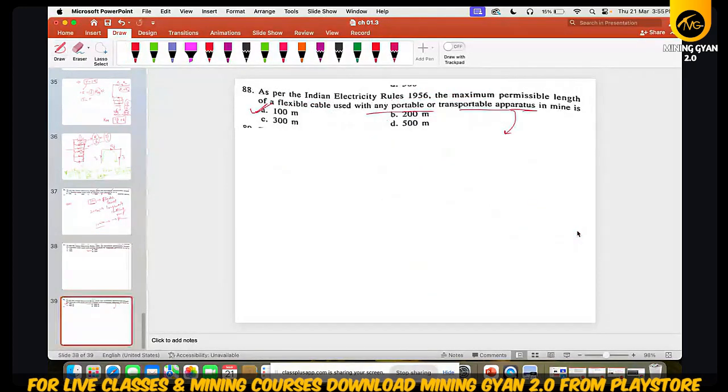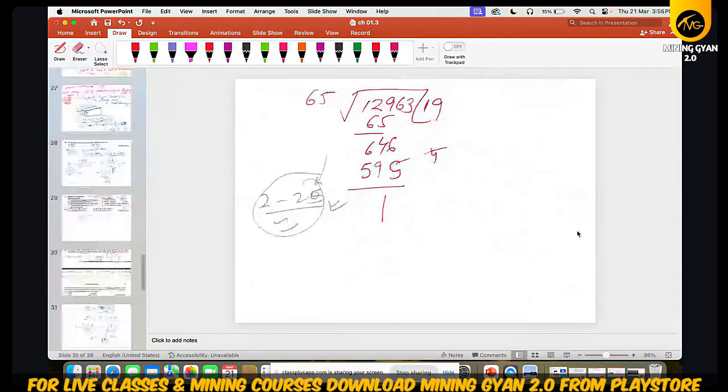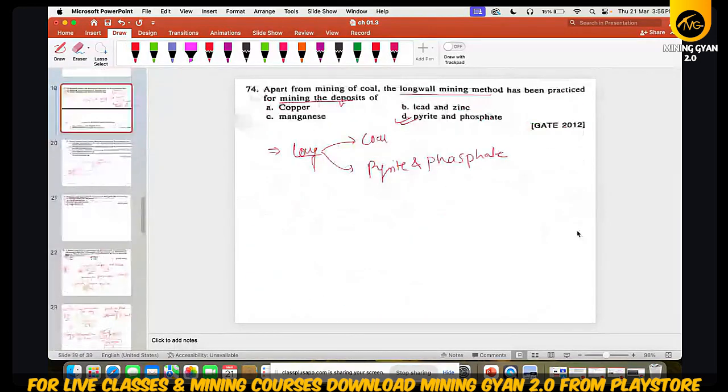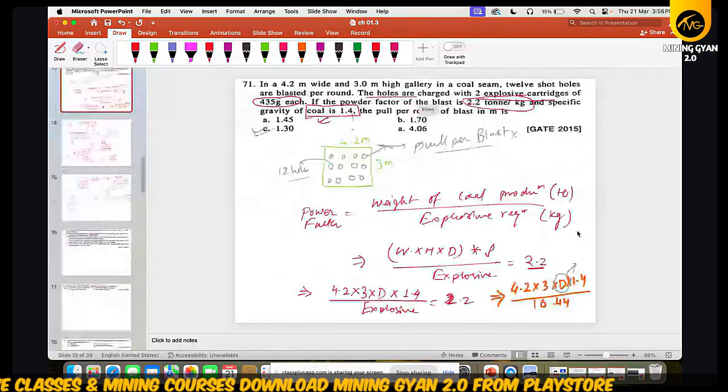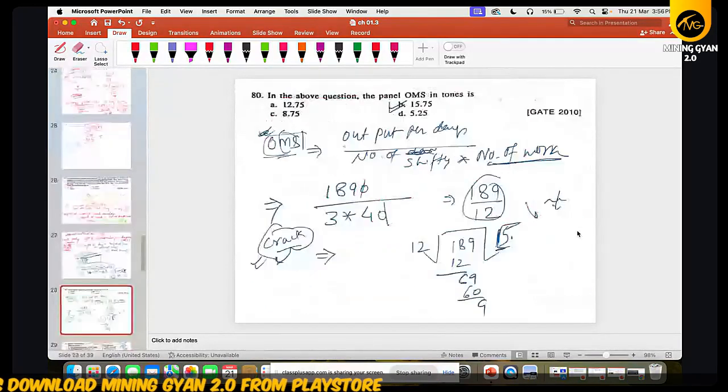Okay, this chapter we have finished. I had planned that today we will start, but it has taken too much time, and we have to start chapter 1.2 tomorrow.